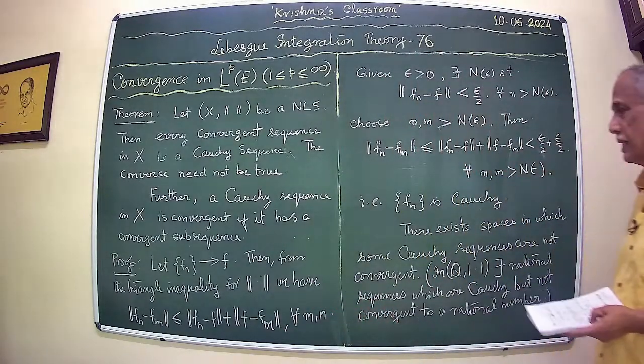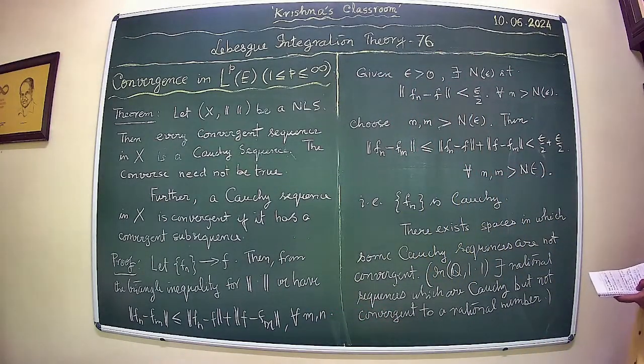Now we go to the second part. A Cauchy sequence in X is convergent if it has a convergent subsequence.